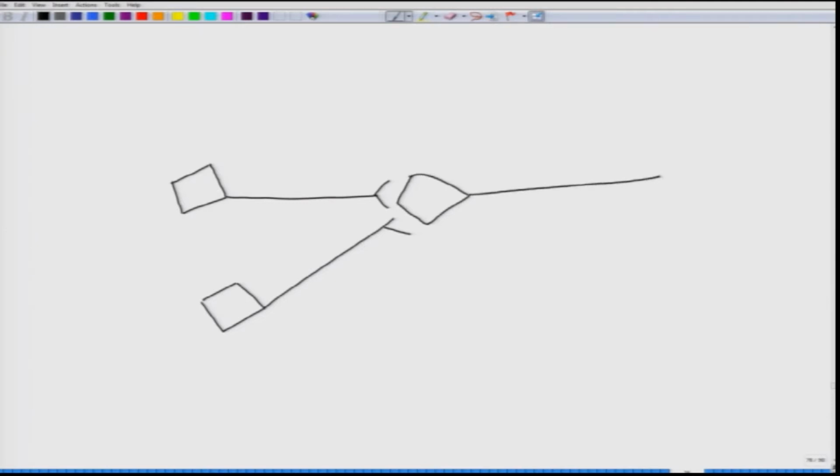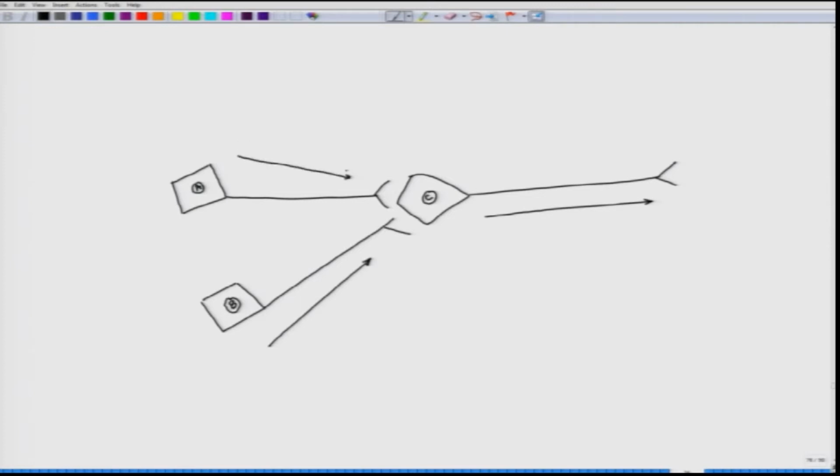Suppose this is one neuron in one space, this is another neuron in another space, and it is sending signal to this. This is neuron A, this is neuron B, this is neuron C in the network, and the signal transfer is always according to the direction of the arrow.